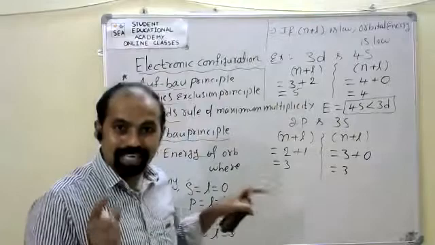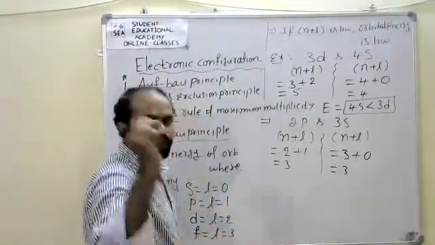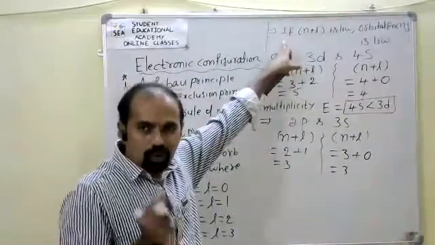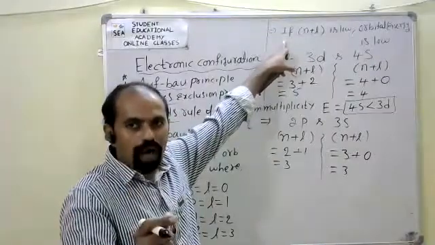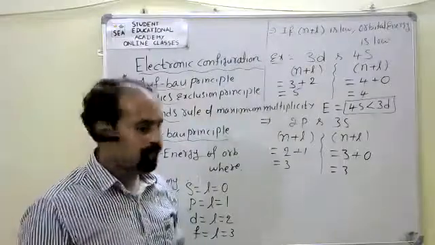Now see, a very important point here. If we know this rule, when the n plus L value is low, the orbital energy is also low.